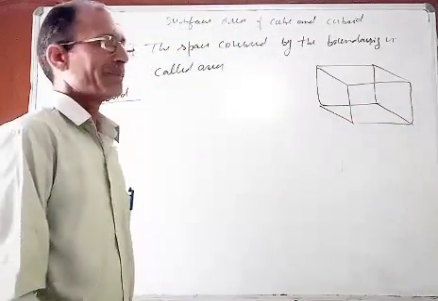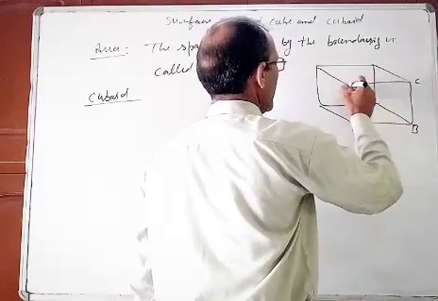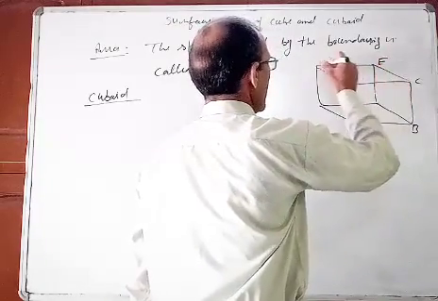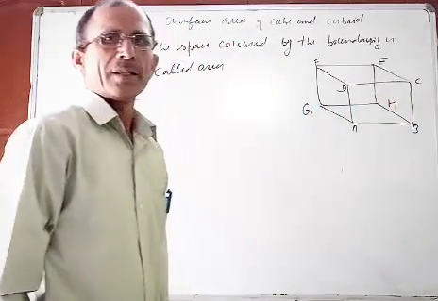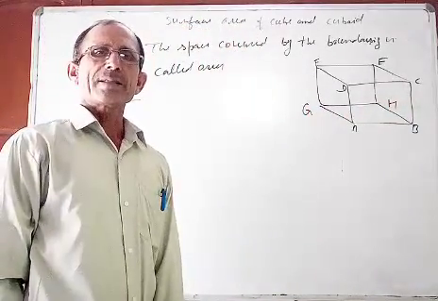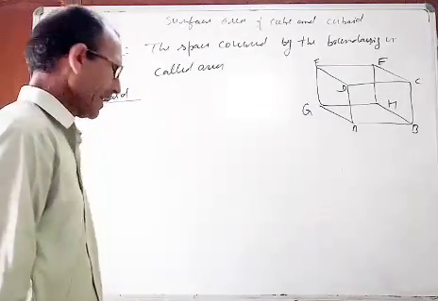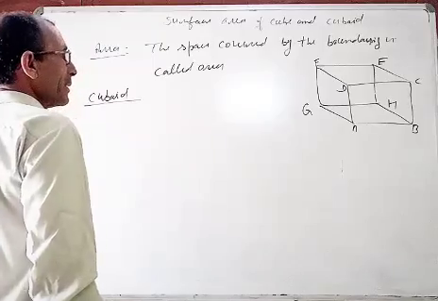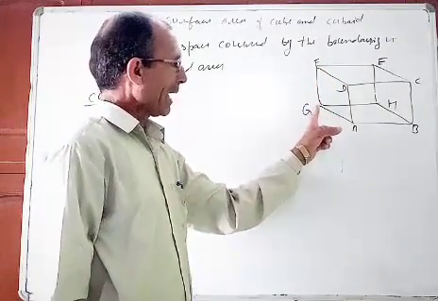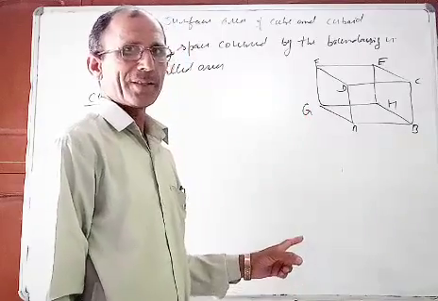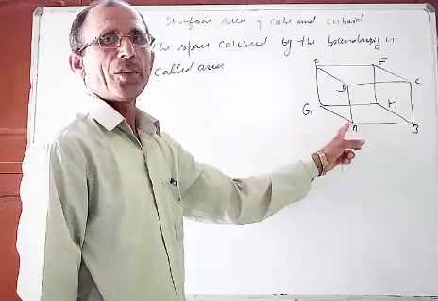This is a cuboid. Give it any names: A, B, C, D, E, F, G, H. A cuboid has 6 rectangular faces, 12 edges and 8 vertices. Where 3 edges join is called a vertex.